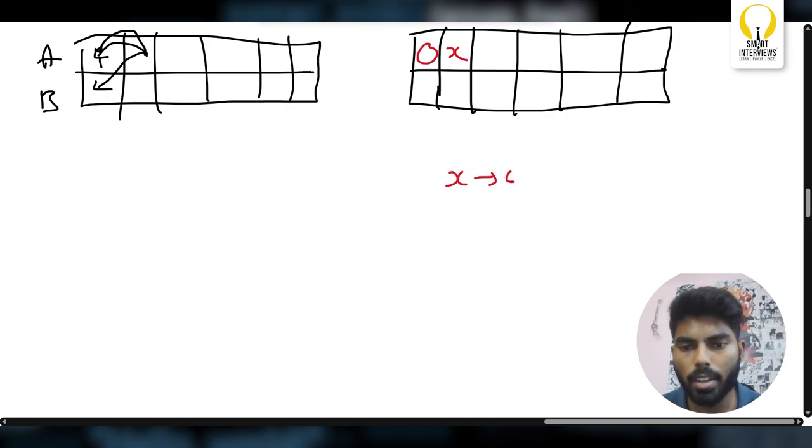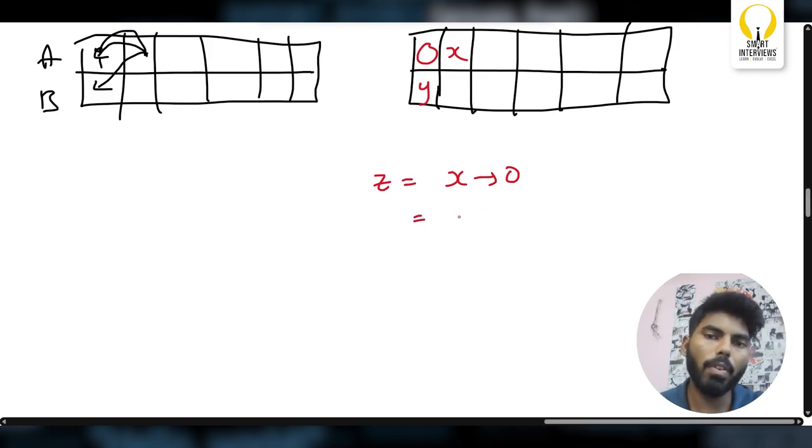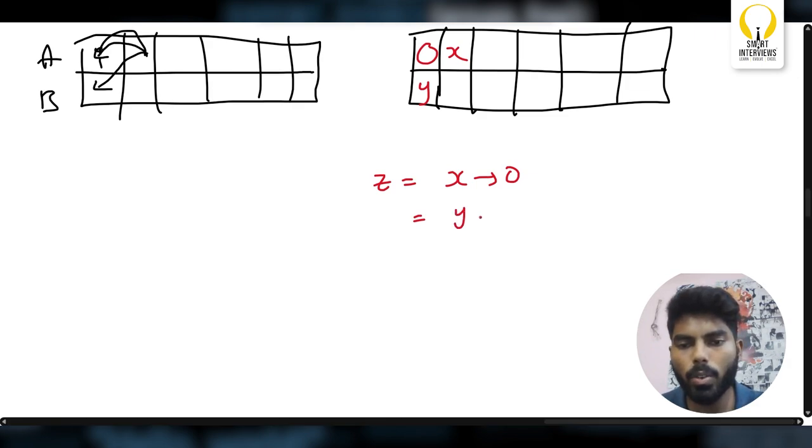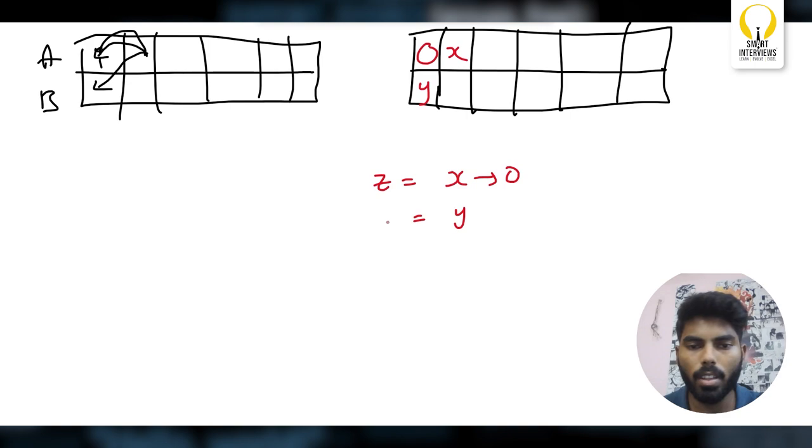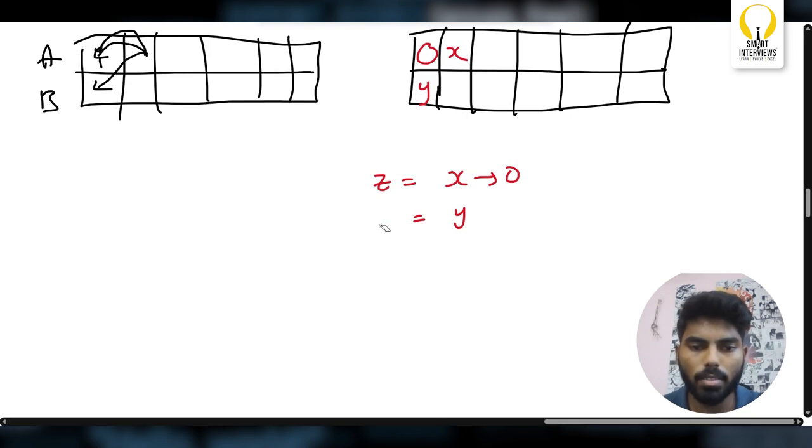Let us call the entire thing Z. Let's say one more thing is Y. So you are coming from the different container, from container B to container A, and you are having a value of Y. Let us call this thing D. So among these two ways, which one will you consider?